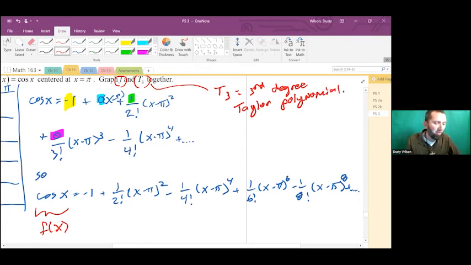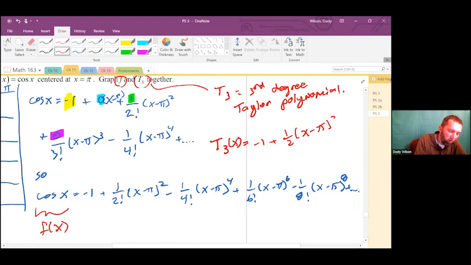And in this particular case, humorously enough, there's only even powers. So our T3 of x will just be the minus 1 plus 1 over 2 x minus pi quantity squared. Right? Because there is no cube term. So we just have the constant and the squared term.